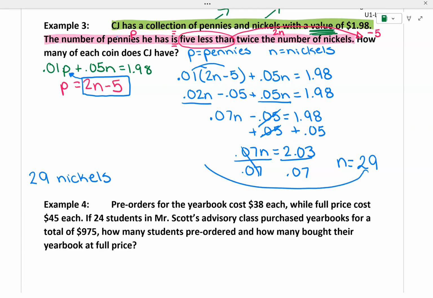Okay, so we're going to take that and we're going to put it right here. So we're going to have pennies are equal to 2 times 29 minus 5. And when you work that out, 2 times 29, yeah, I was making sure I was right, it was 58. And then minus 5 gives us 53.